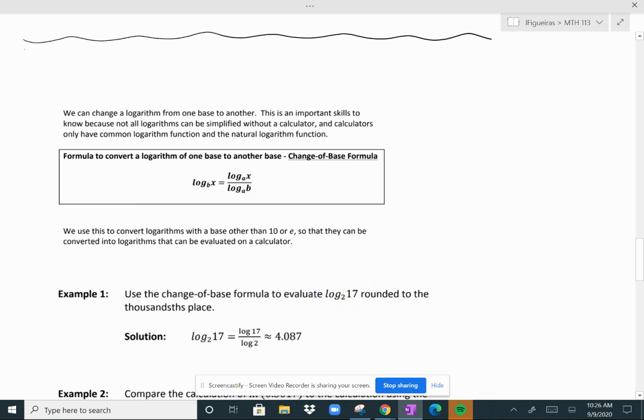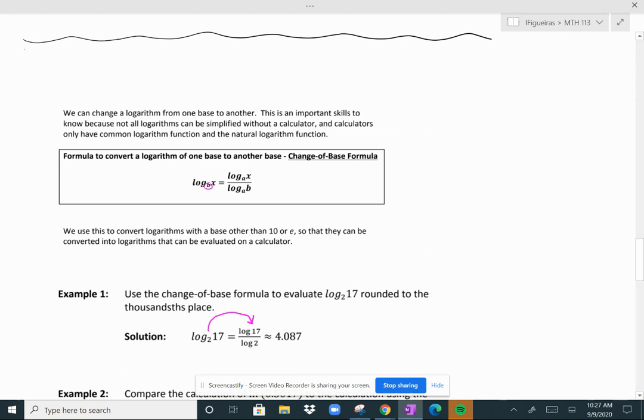But again, calculators do not have base 2, but they have base 10 or base e. So according to the rule above, I'm going to change my base 2 into, and I'll pick base 10. I'm going to rewrite this as log base 10 of 17 divided by log base 10 of 2.